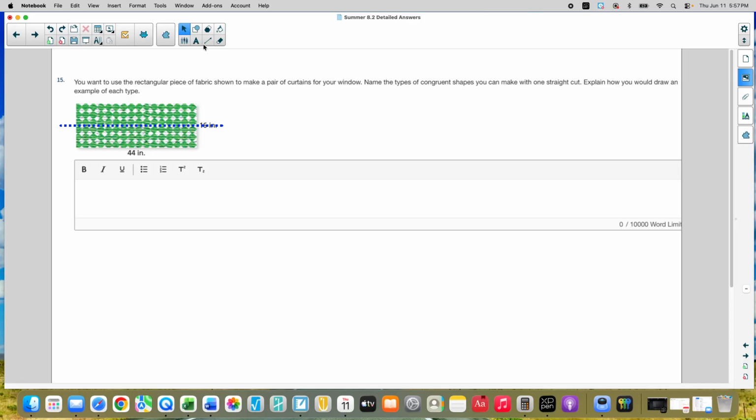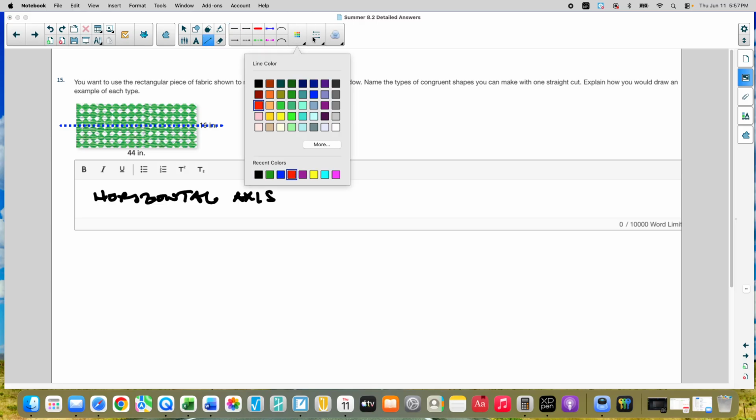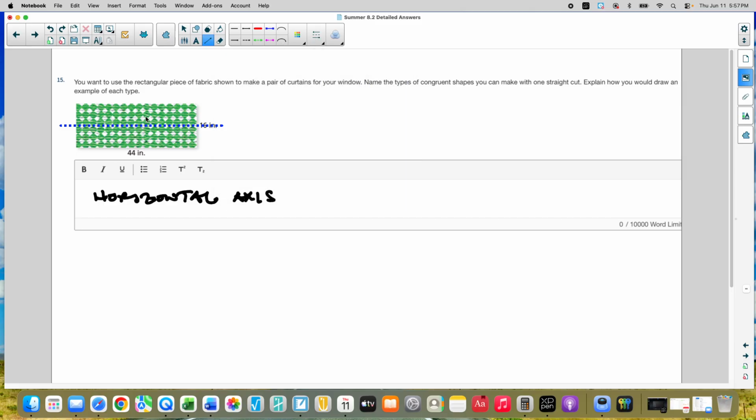That's an axis of symmetry, a horizontal axis. We could do it another way. Let's pick a different color. You could cut it vertically, and you could have 2 equal congruent shapes. And that would be a vertical axis.